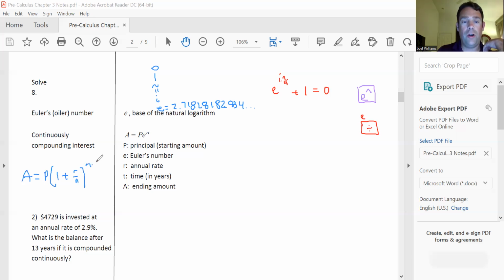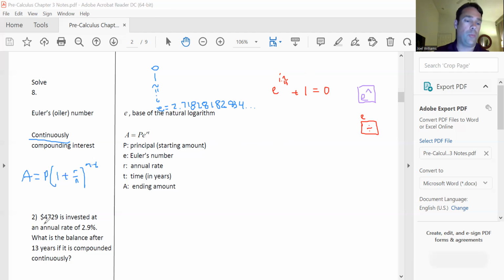That was compounded periodically. This type of compound is continuous. It means it goes forever. It never stops compounding itself, so it compounds infinitely. And this is how most money is calculated.